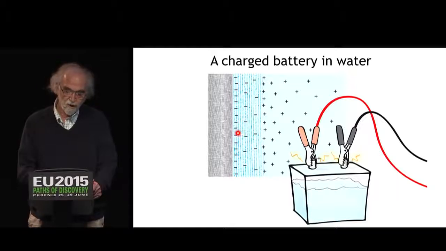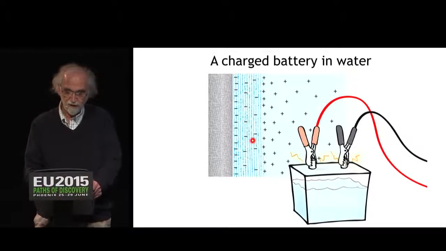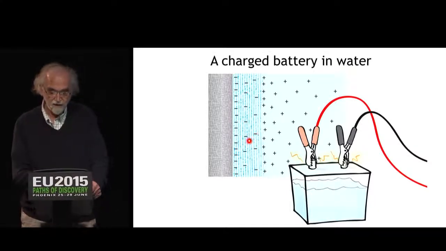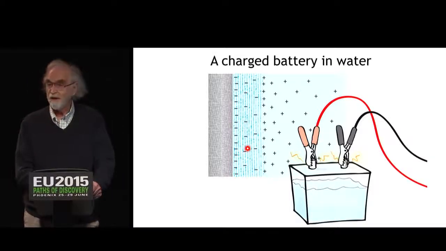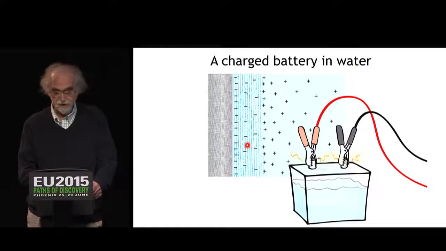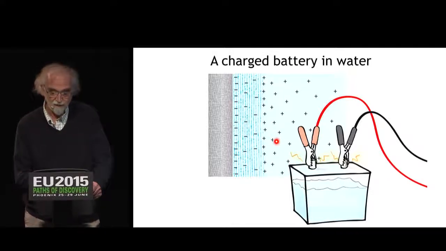This is not one or two molecular layers, but up to millions of molecular layers of water that change its properties amazingly. Because the properties are so different, we call it the fourth phase of water. And one of the features that it has is that it's got negative charge, and the region beyond that has positive charge.